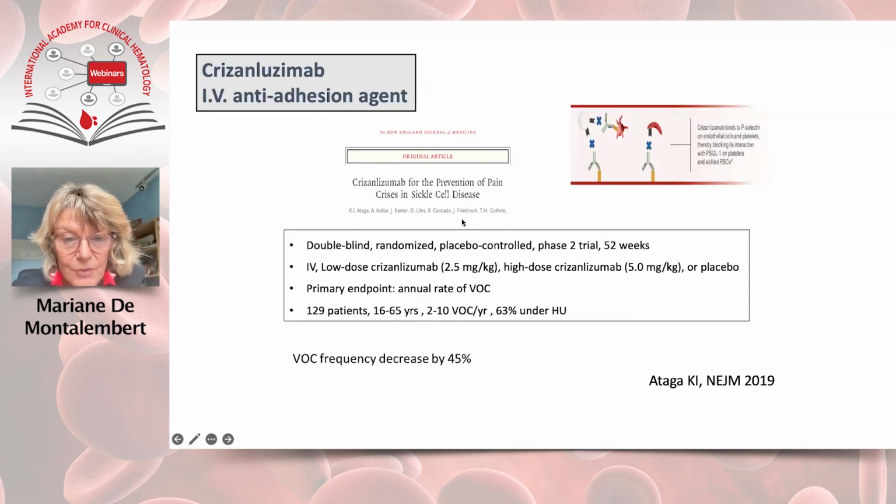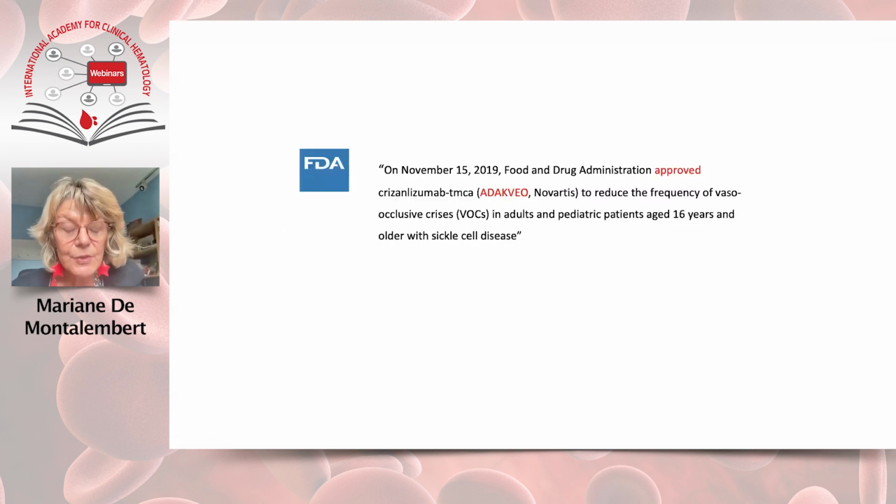And in this phase 2 study called SUSTAIN, there was a very striking decrease of vaso-occlusive frequency by 45%. And hence, the United States licensed the drug as Adakveo to reduce frequency of vaso-occlusive crisis in patients aged 16 years and older.